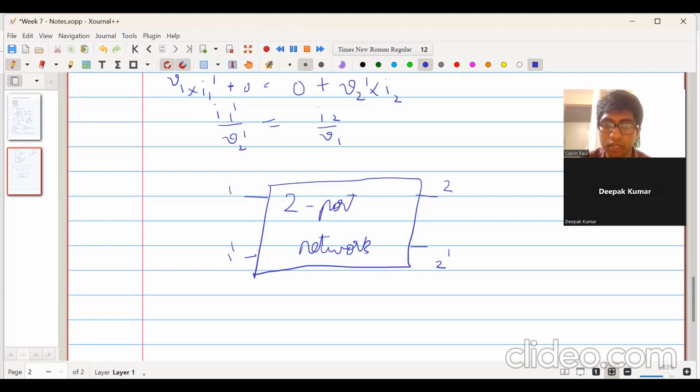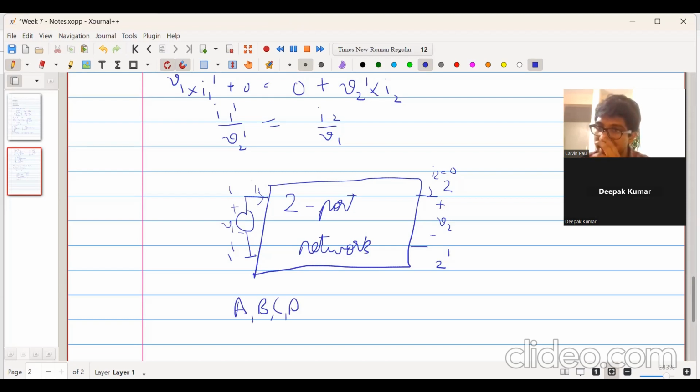So what we will do is apply some voltage V1, then some current I1 will flow. Then we will measure some voltage V2, with current I2 equal to 0. We apply some excitation and see the response. Once we do that, what we get are some parameters, known as the ABCD parameters of the two-port network.